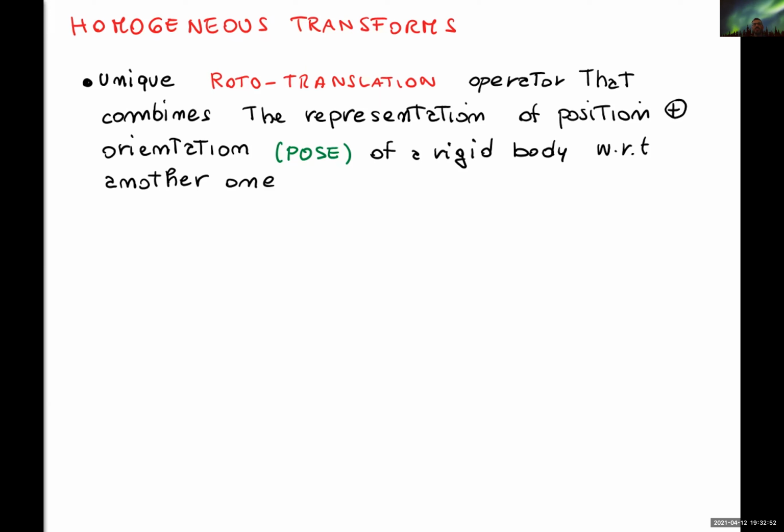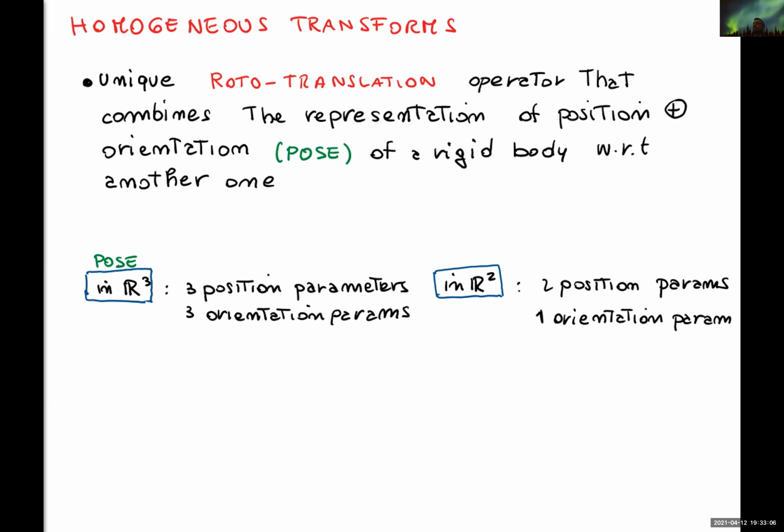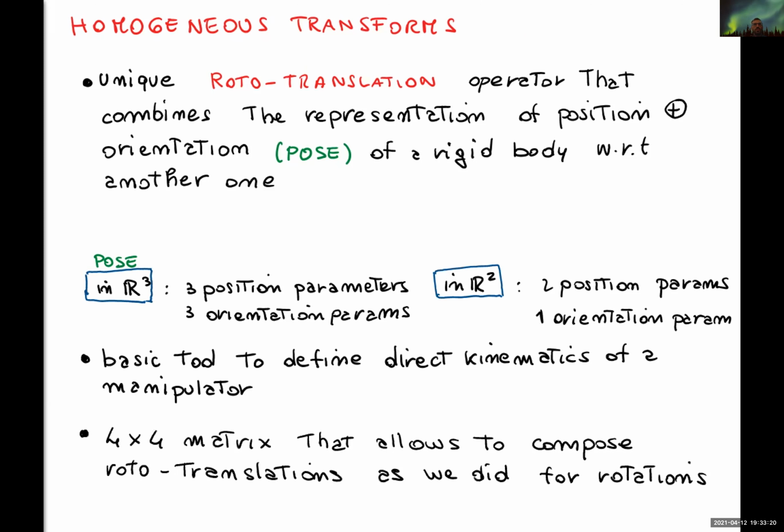So a pose in 3D, as I said, is 3 position parameters, 3 orientation parameters. In 2D, we have 2 position parameters and 1 orientation parameter. So the pose is different according to where we define it. The homogeneous transforms are a basic tool to define and derive the direct kinematics of a manipulator, and they are 4x4 matrices that allow us to compose these roto translations the same way as we did for rotations.